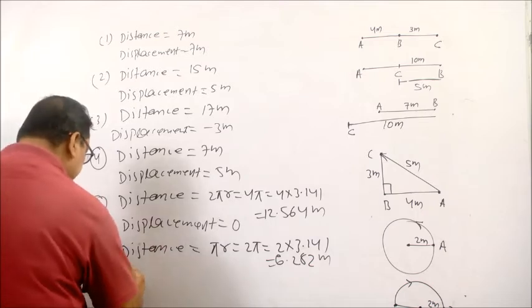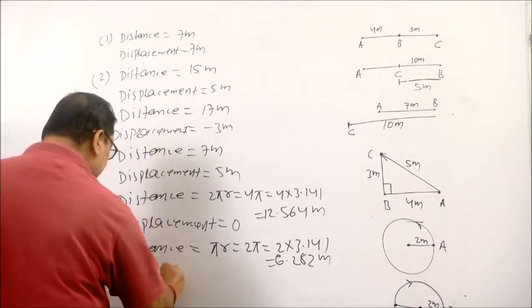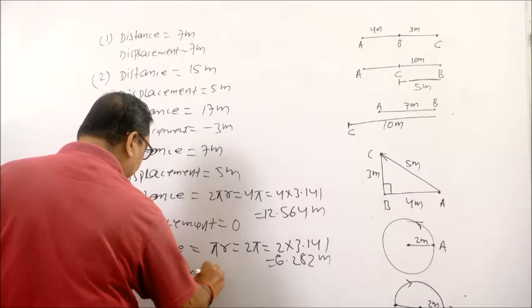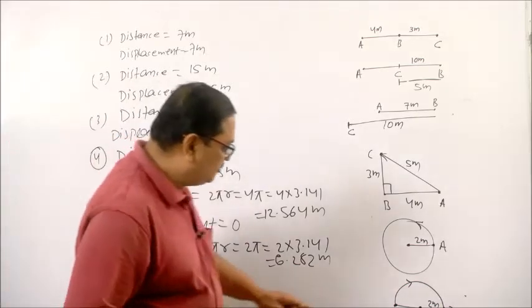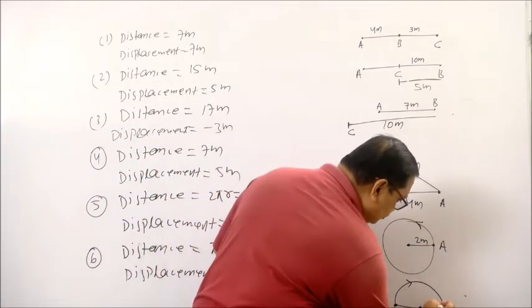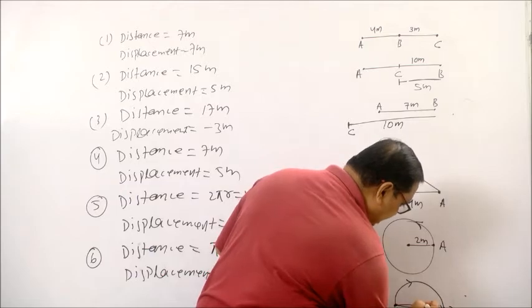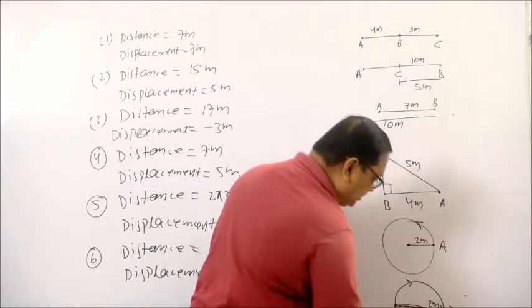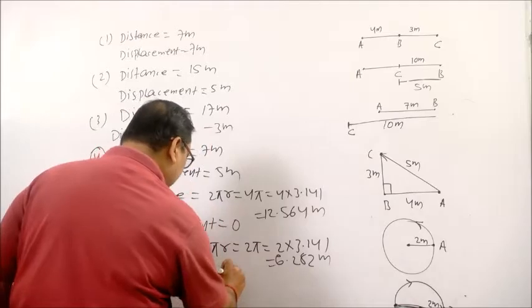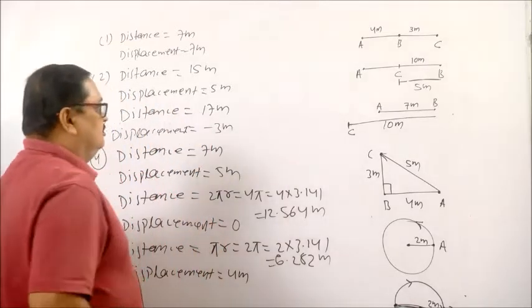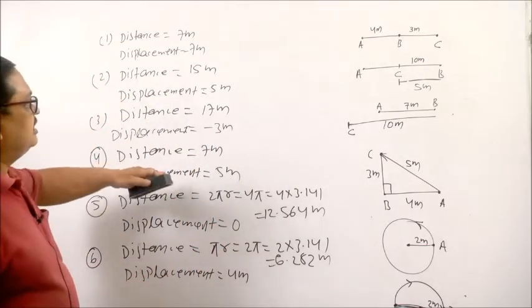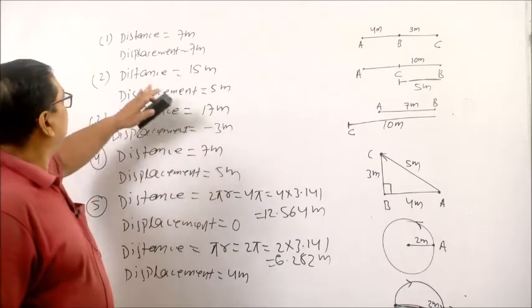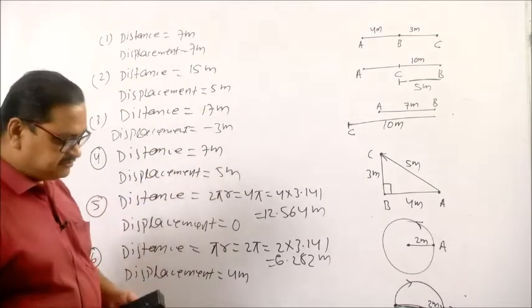But displacement is the straight line joining the initial point to the final point, that is A to B. That means it is the diameter. So radius is 2 meter, diameter will be 4 meter. So these are the examples to find out distance and displacement.